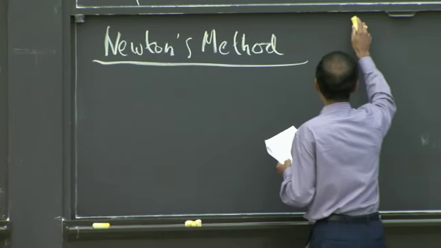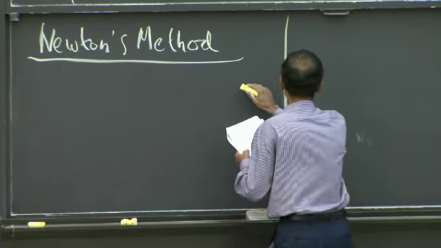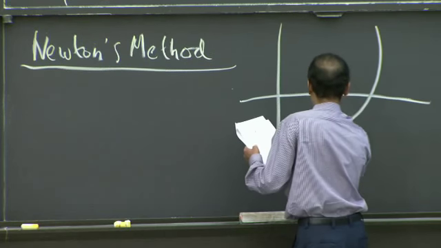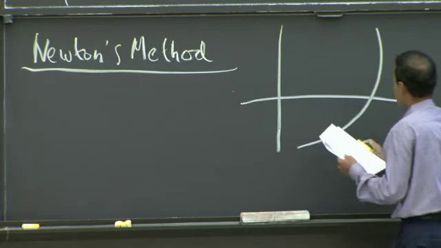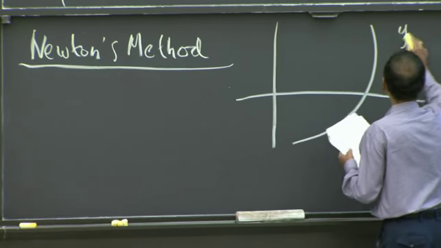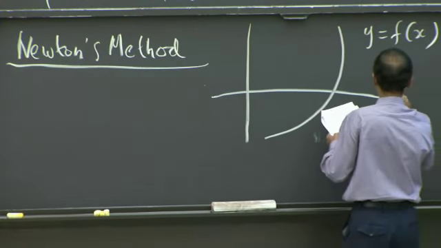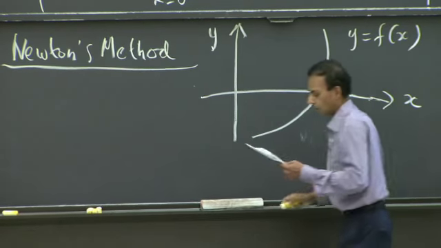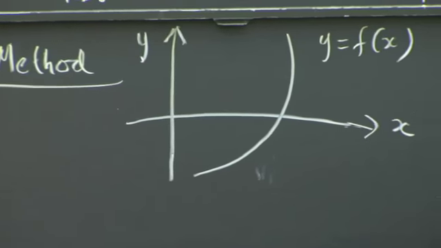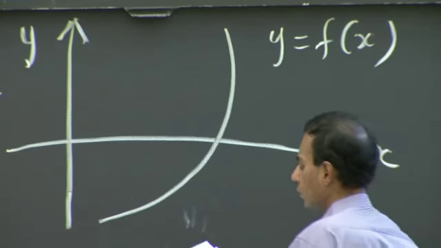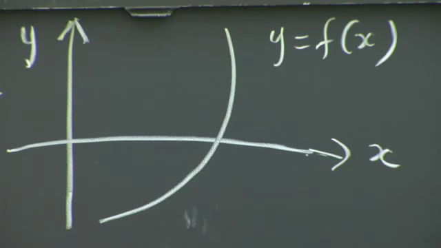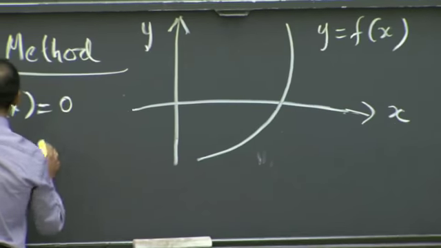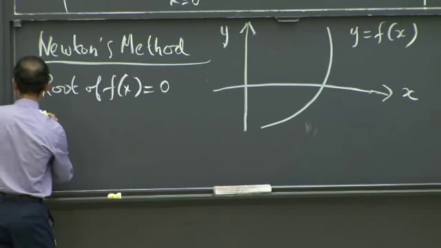And Newton's method is something you probably learned about in middle school or high school. Let's say you have a function y equals f of x, where this is x and that's y, the coordinate axes. And we're going to try and find the root of f(x) equals 0 through successive approximation.